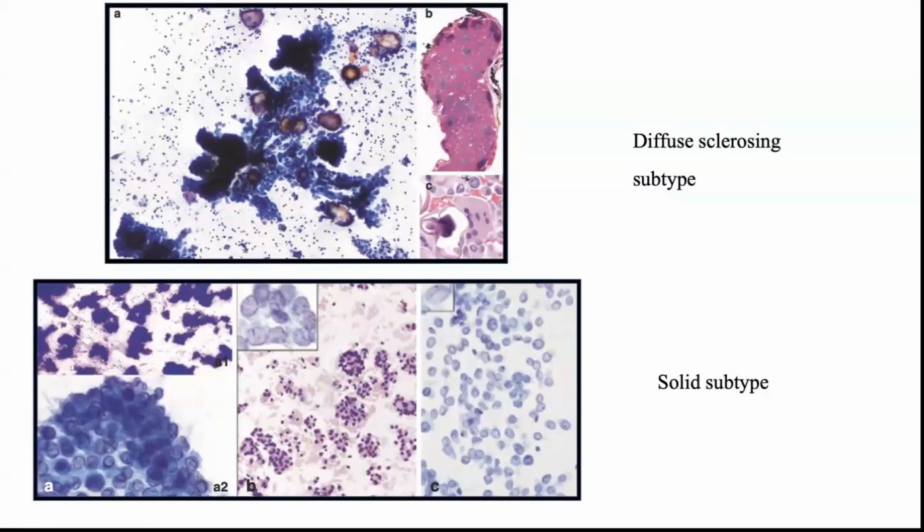And nuclei should show typical features of PTC. They may also be present in 1 to 3% of adult PTCs and have poor prognosis. When present in adults, it has poor prognosis. When present in children, it still has a better prognosis than in adults.